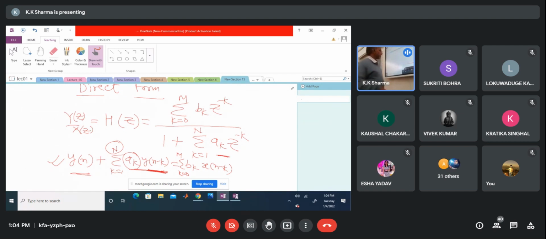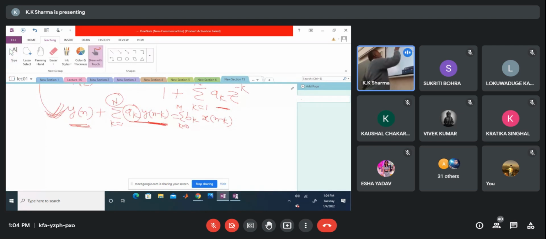So if you directly start from this difference equation for implementing this IIR system, that will lead us to the direct form structure. That's why it is called direct form, because we are directly implementing this difference equation.